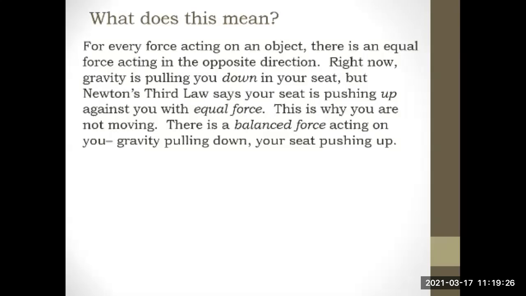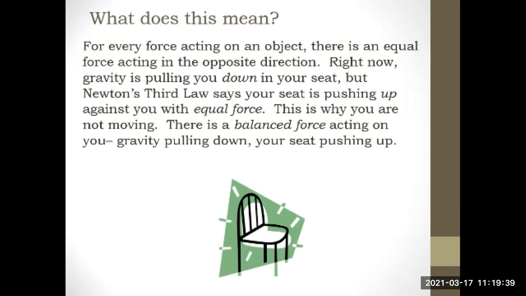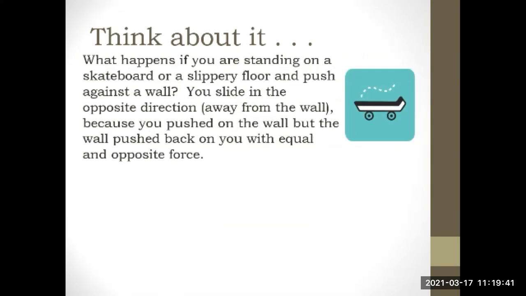Okay, this is why you are not moving. There is a balanced force acting on you. Gravity is pulling you down and your seat is pushing you up. Okay, understood?